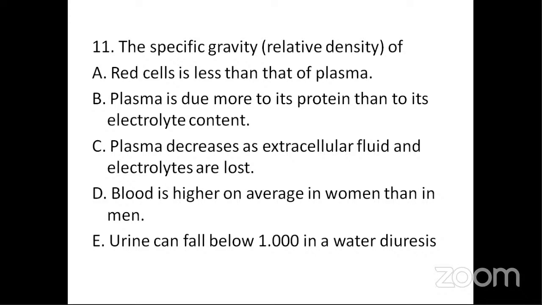So it is true. And the third option, plasma specific gravity decreases as extracellular fluid and electrolytes are lost. That is false because it increases. Plasma specific gravity is an index of ECF volume if protein levels are normal.